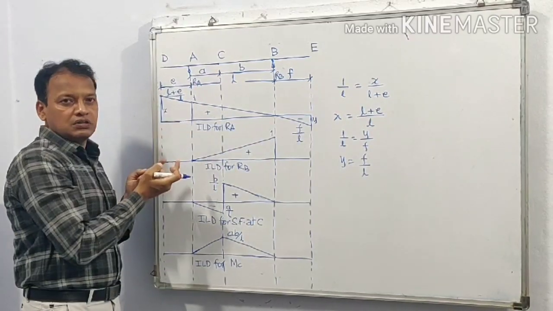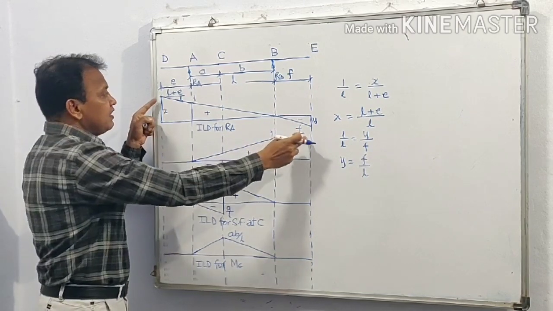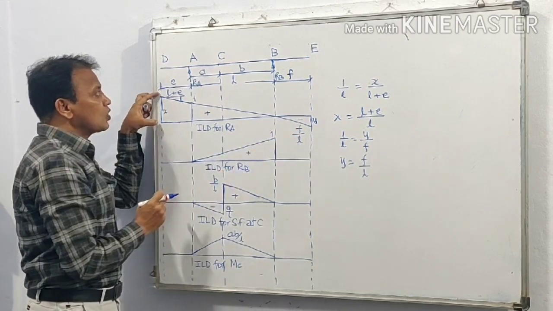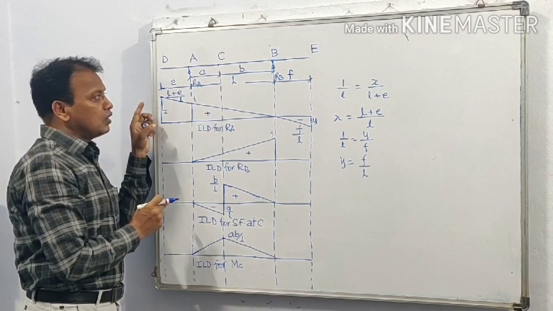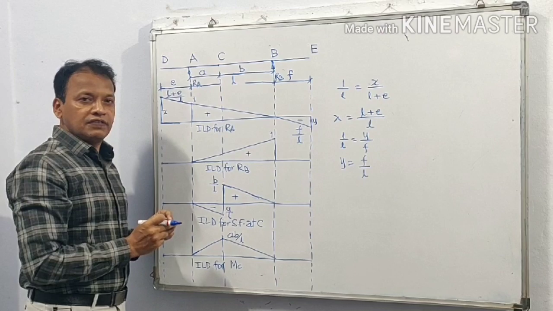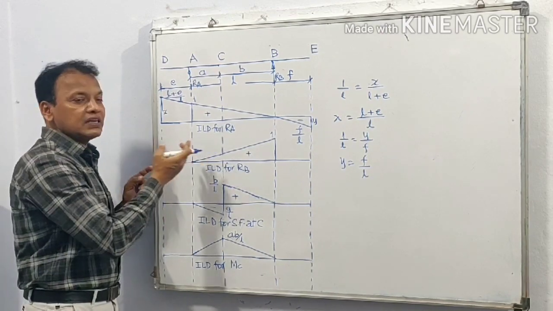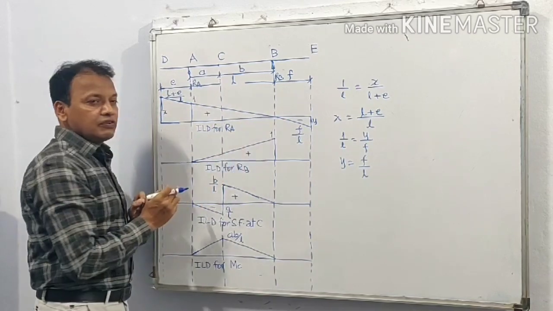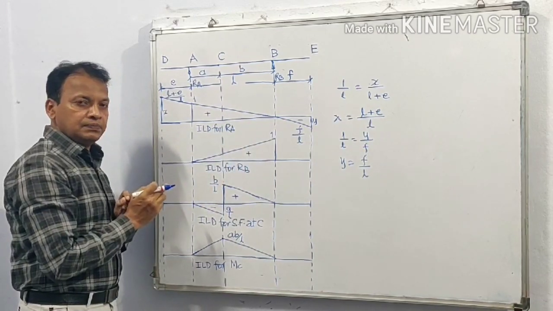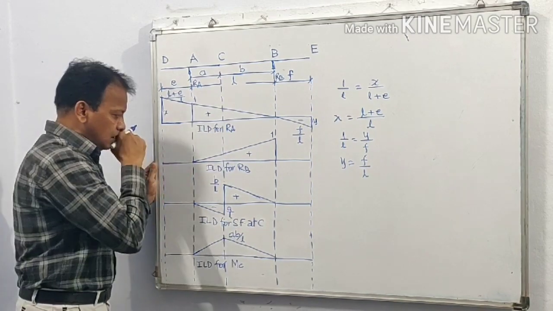This one we know was for simply supported beam. You can verify both these ordinates, that is ordinate at D, (L plus E) upon L, and ordinate at E, F upon L. So directly without making calculations, simply by extending this line, we are getting influence line diagram for reaction at A.